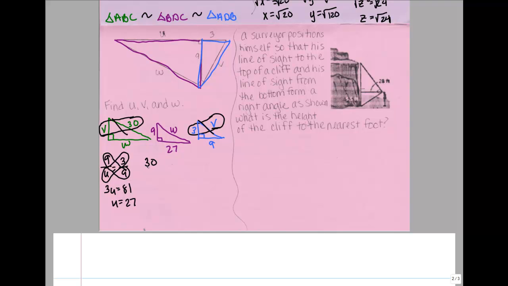So 30 over V is equal to V over 3. Cross multiply. V squared is equal to 30 times 3, which is 90. Take the square root. And V is just the square root of 90. And again, it's perfectly fine if you leave it that way.